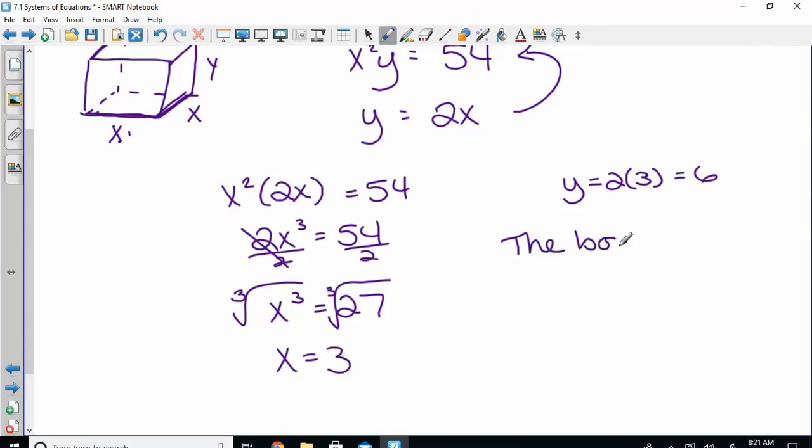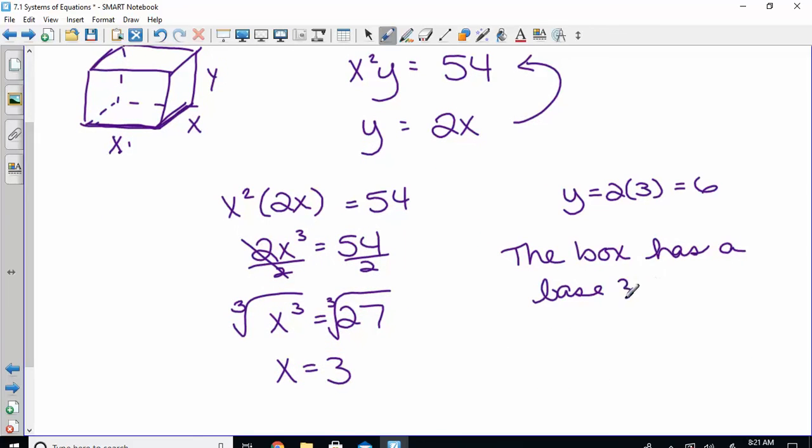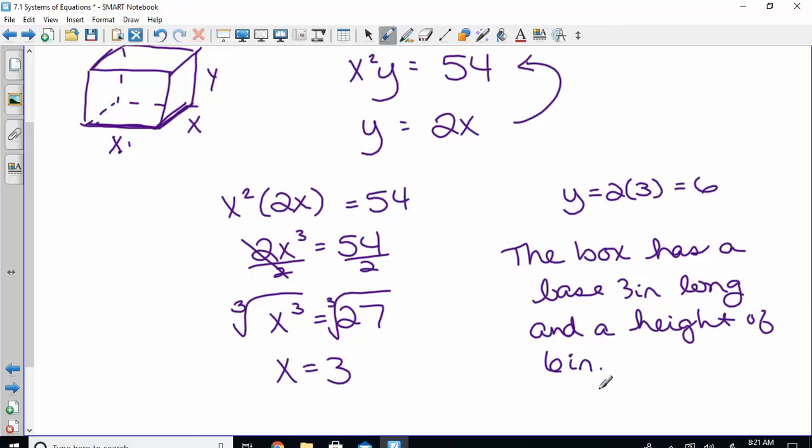So the box has a base, we were in inches, 3 inches long, and a height of 6 inches. Any questions on that one?